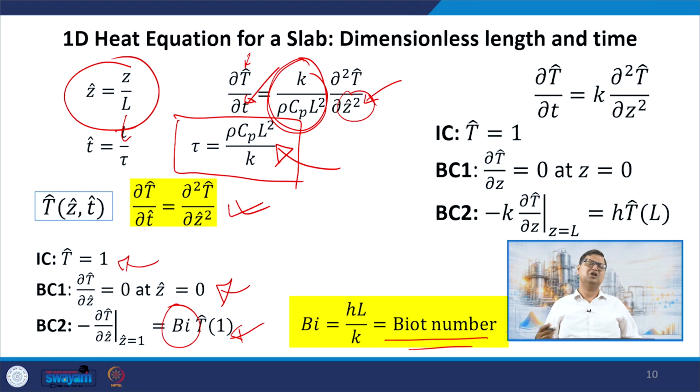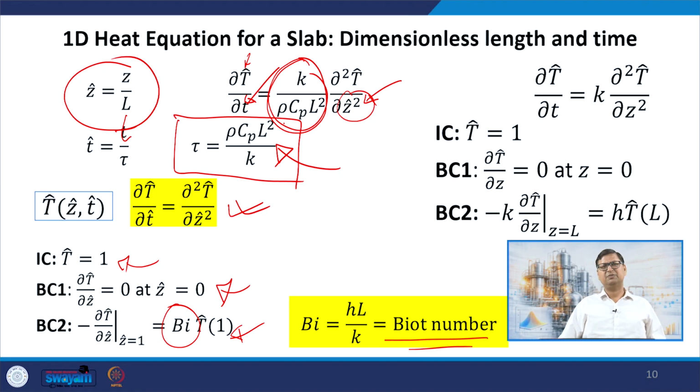I will talk more about the physical significance of this later. So I have simply reduced this slab heat transfer problem into a neatly looking dimensionless problem, with all the variables inside this time constant tau.